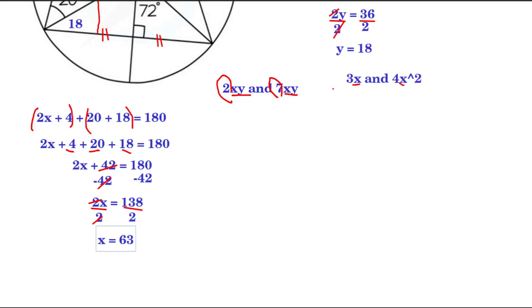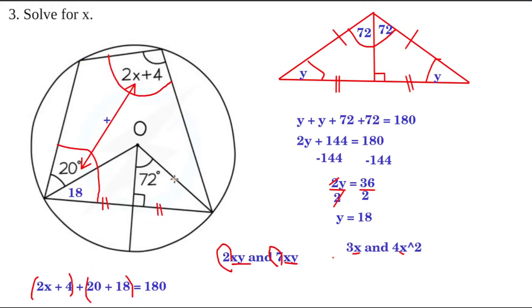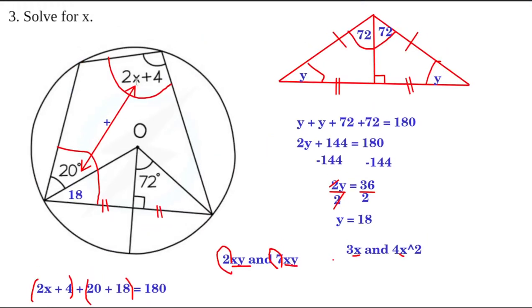It's not 63. 138 over 2 is 69 degrees, which tells us that the value of x is 69.